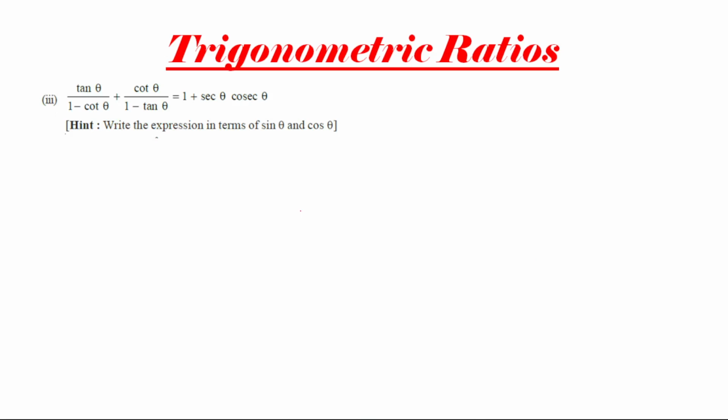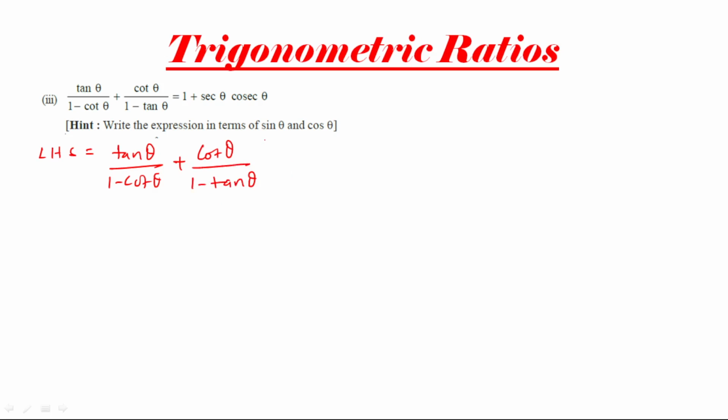Let us go to the next question, that is the third question. Again here the bigger expression is on the left-hand side: tan theta by 1 minus cot theta plus cot theta by 1 minus tan theta.